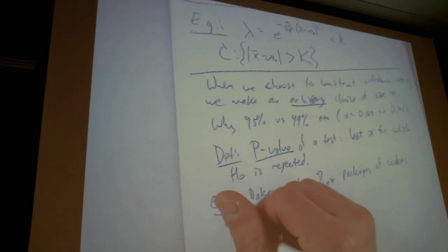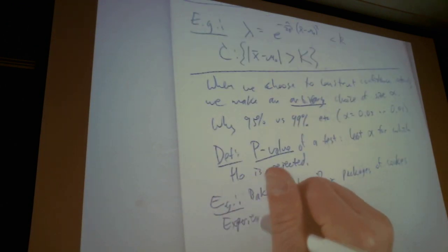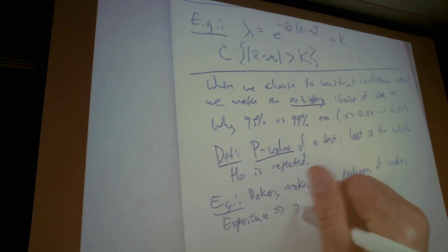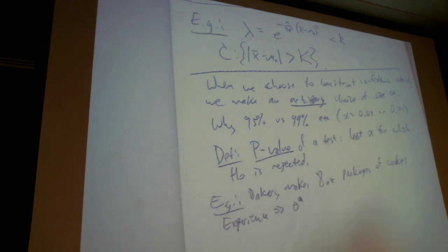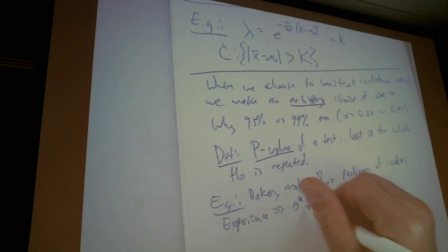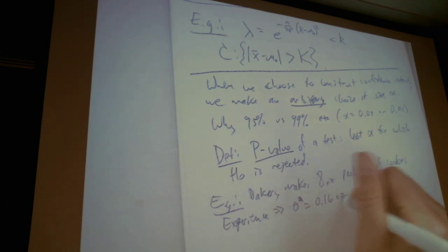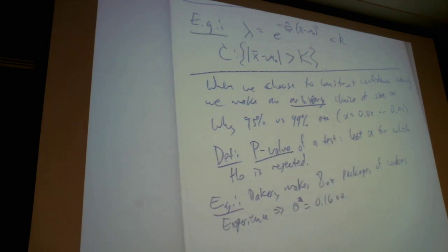From experience, I'll tell you that the standard deviation, not the variance, the standard deviation, sigma, is 16 hundredths of an ounce. Okay? And you want to test, how's the factory doing today?